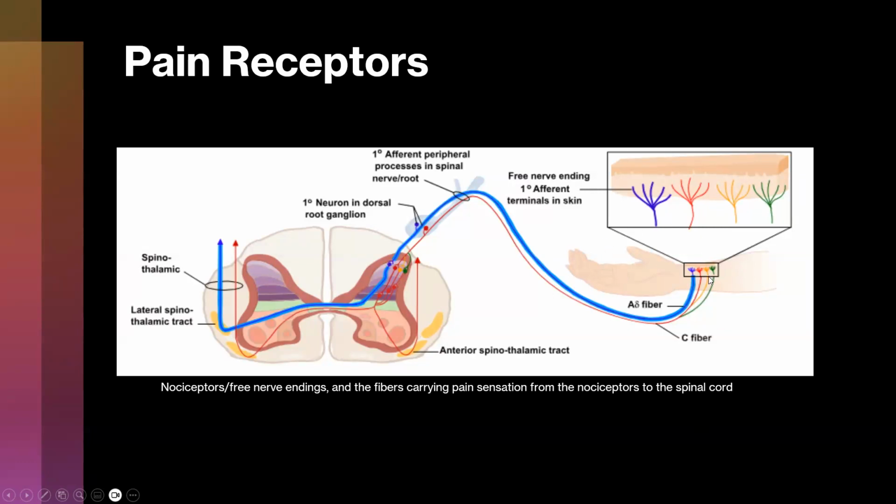If there is some injury, free nerve endings, which are the primary afferent terminals in the skin, could be C fibers or A delta fibers, and they carry the information to the spinal cord, to the dorsal horn, and from there, through the lateral spinothalamic tract or the spinothalamic tract, it will be going to the central nervous system, and then the information from there will be carried down.